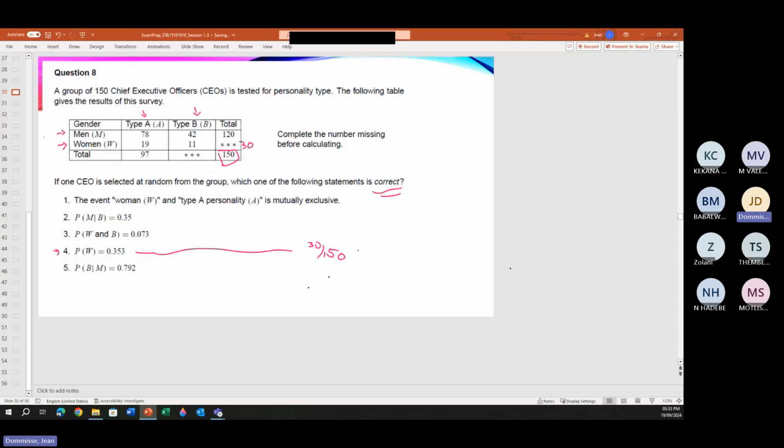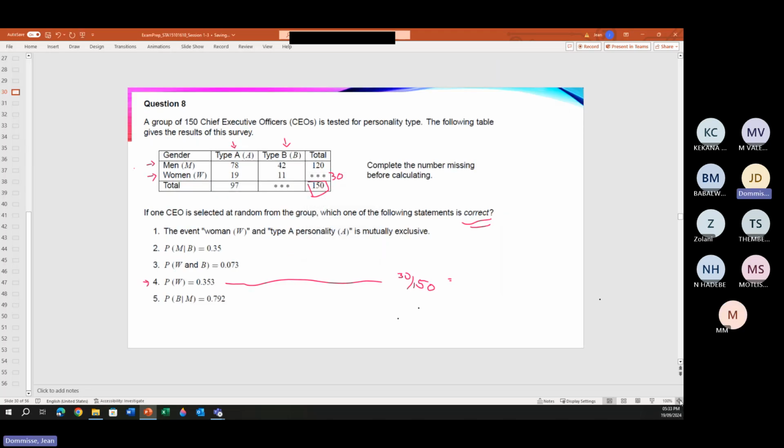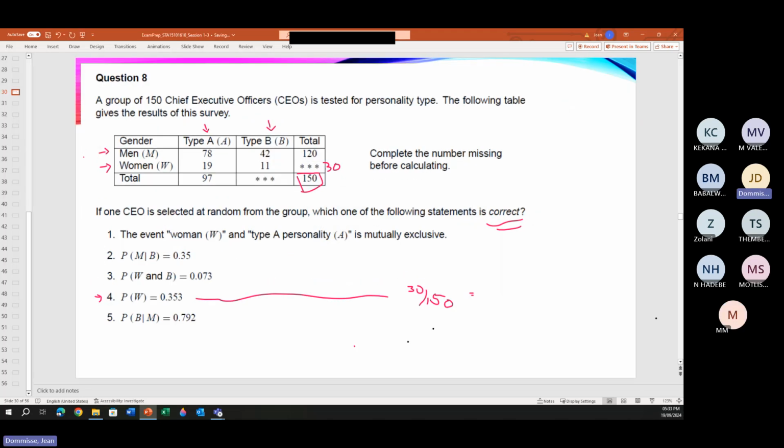And the reason why I do this one first is because it's normally the easiest one to work out, and hopefully one can get lucky in the exam maybe. So 50 divided by 150 is equal to 0.2. So unfortunately, that one is not correct.